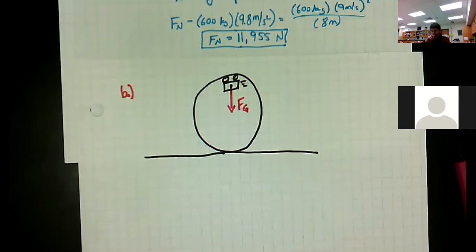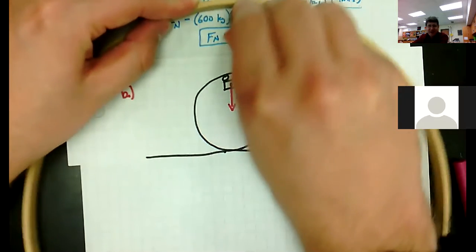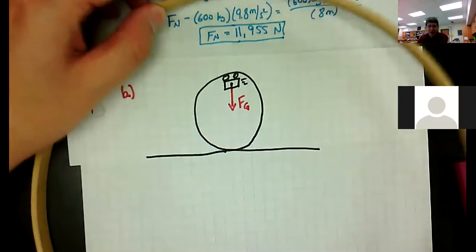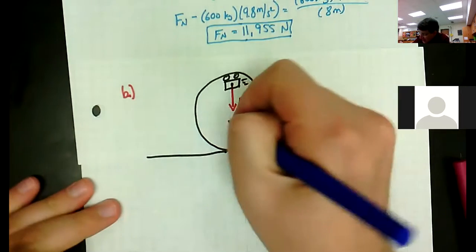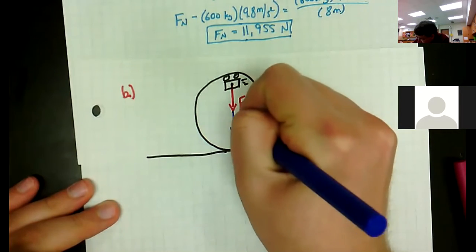But if you think about this, this is kind of why I showed you the hoop, right? If I'm at the top of the hoop here, the hoop is preventing me from going up, right? So the same thing here with the track. The track is actually preventing the car from going up. So we're going to have a goofy situation here where the normal force is actually pushing us down.